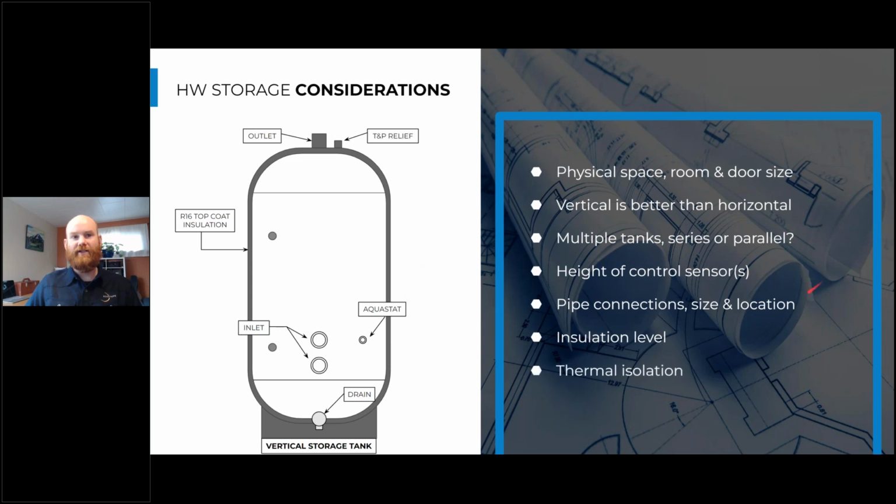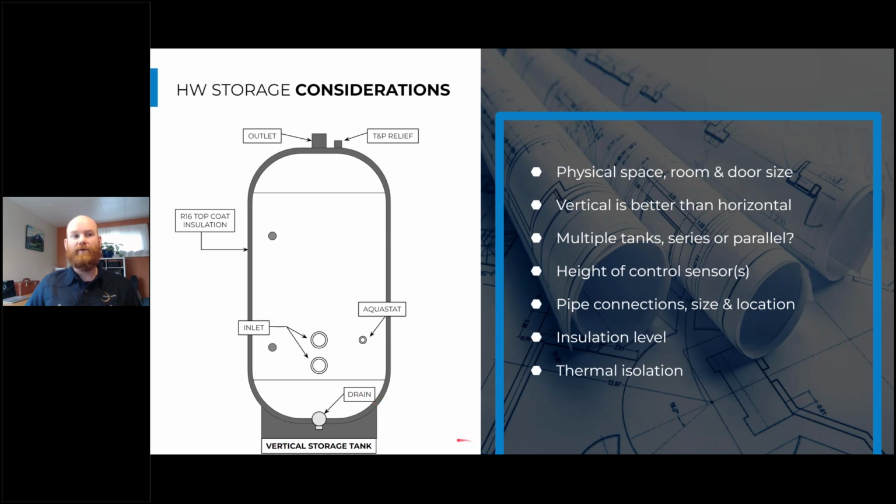Thermal isolation. When we have a lot of hot water in this tank, the metal of the tank is essentially the same temperature as the water. So if our water is 150 degrees, that metal is often close to that temperature. So if we put this on a concrete pad, we're going to have a lot of heat loss to that concrete pad.